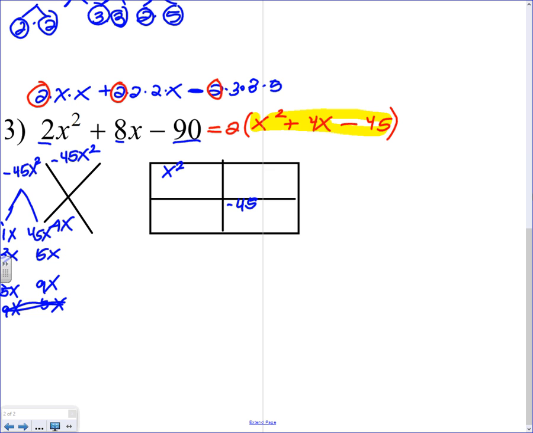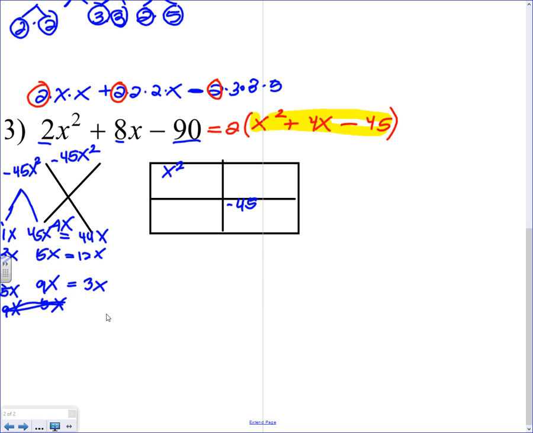Now combine them. Negative 1x combined with 45x will give you 44x. Negative 3x and 15x will give you 12x. And negative 5x plus 9x will give you 4x.